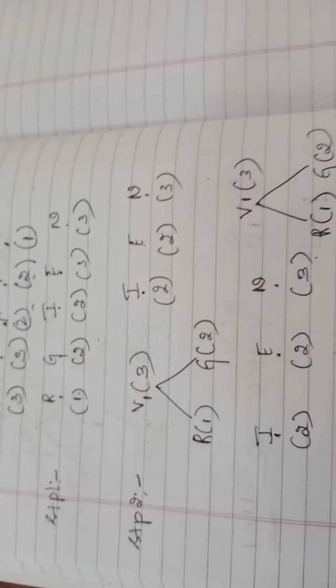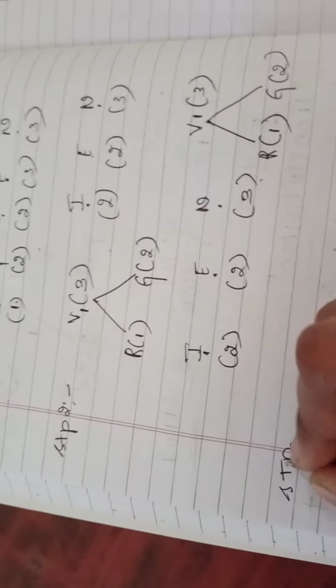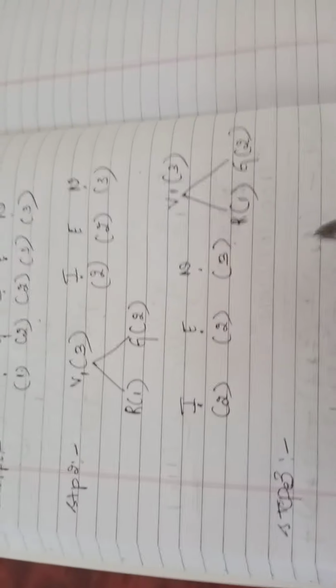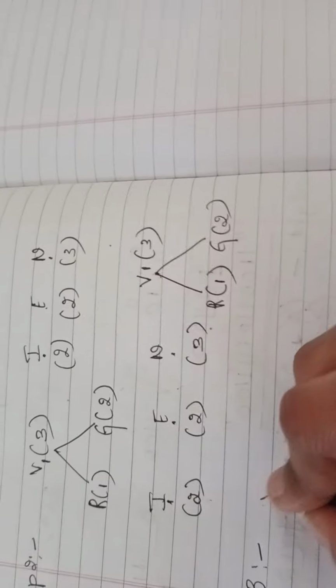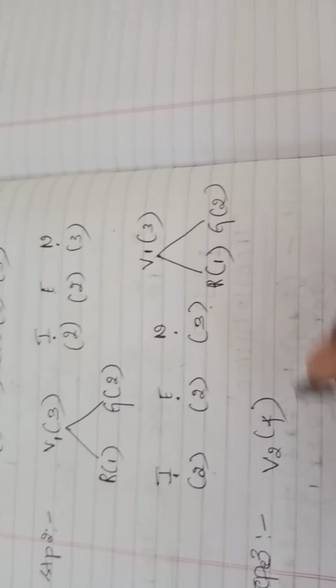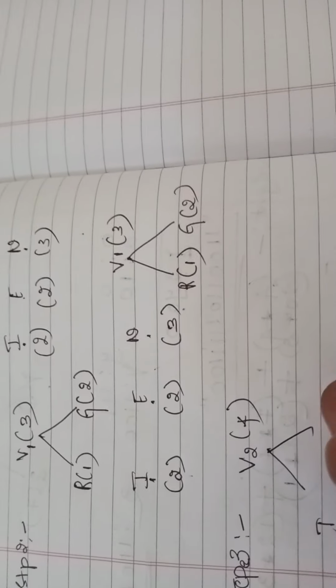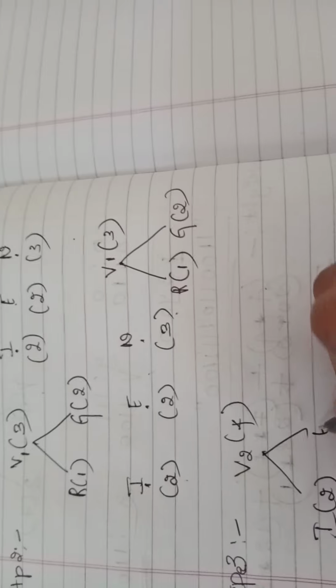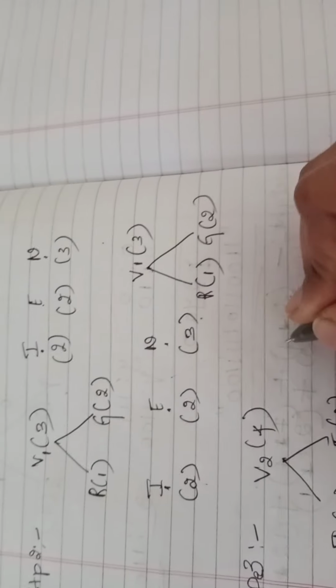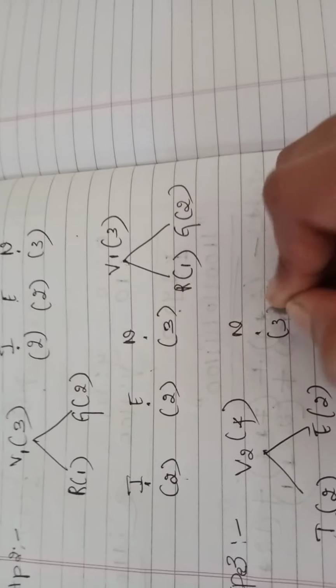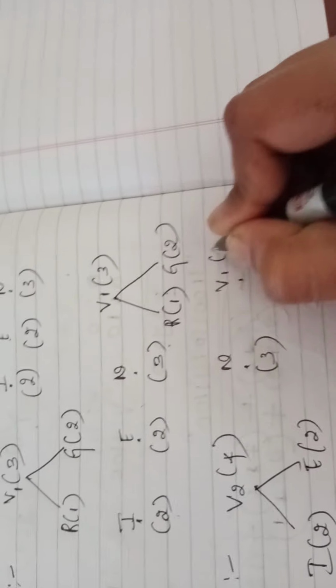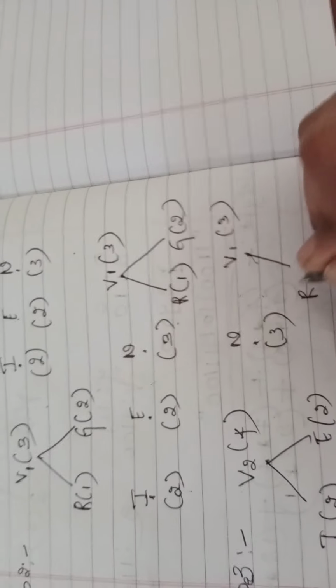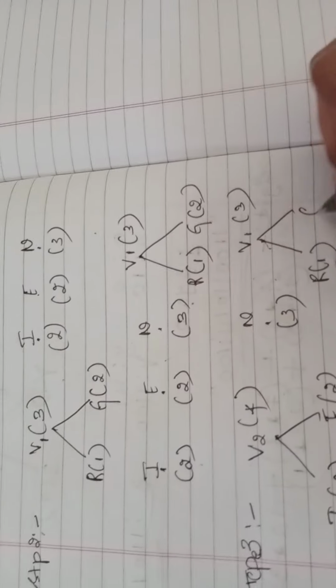So next is step 3. It is in ascending order, so combine the next two minimal weights, that will give you V2 of 4, which is I and E. And carry the previous steps as they are.